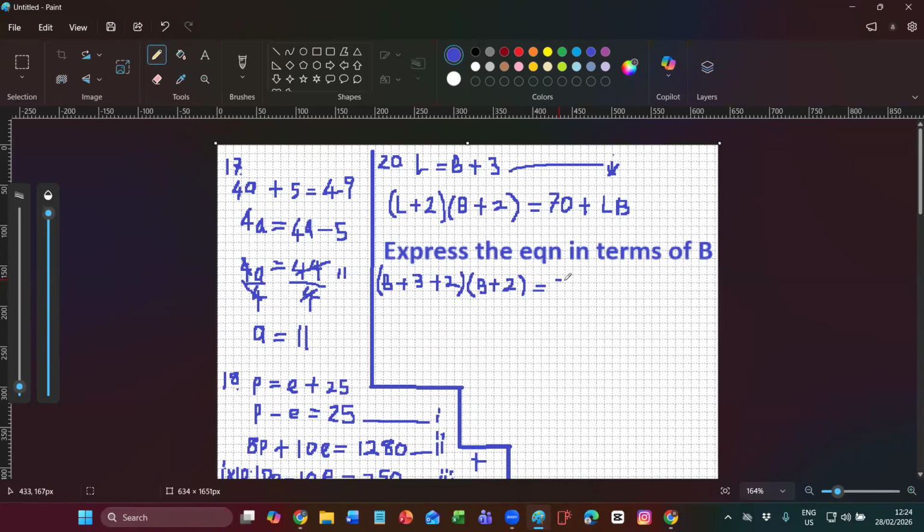Of course, on the right hand side I have 70 plus LB. Now take note, instead of L again, I'm putting B plus 3.